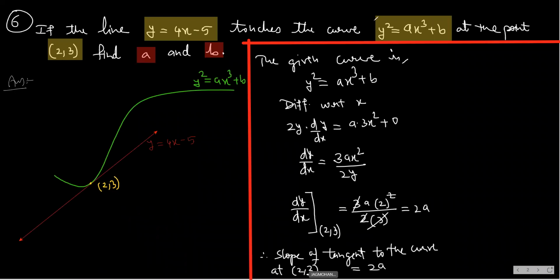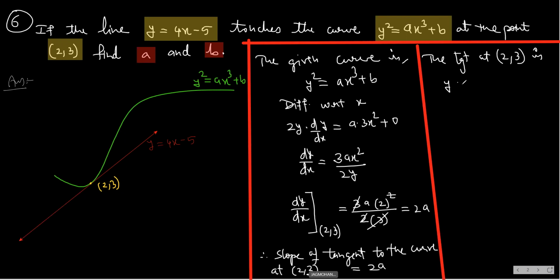But mind it, students, the tangent at that point has already been given to us. What is the tangent given to us? They say the tangent at 2 comma 3 to the curve is y equals 4x minus 5.